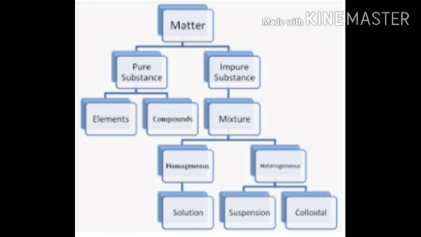Impure substance, and the mixture is the best example of impure substance, can be divided into homogeneous mixture and heterogeneous mixture. Solution is the best example of homogeneous mixture, whereas suspension and colloidal particles belong to heterogeneous mixture.